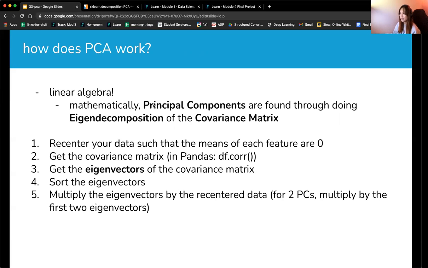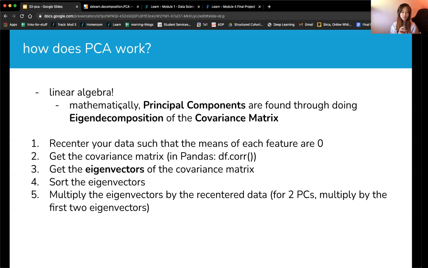Eigen decomposition, don't worry about that word for now, but in essence, it's taking any matrix and decomposing it. It represents one matrix as a product of 3 different matrices.